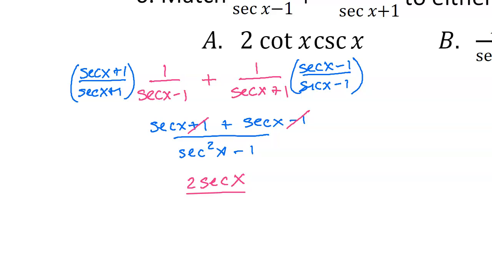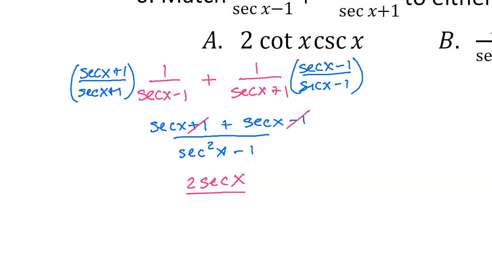Now, what do we notice about this denominator? I have a squared function and a 1. What should that immediately make us think about?